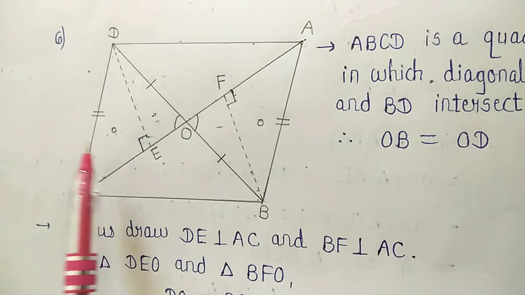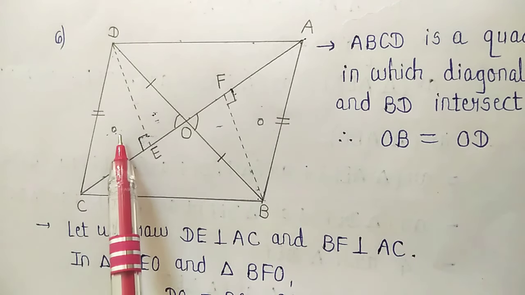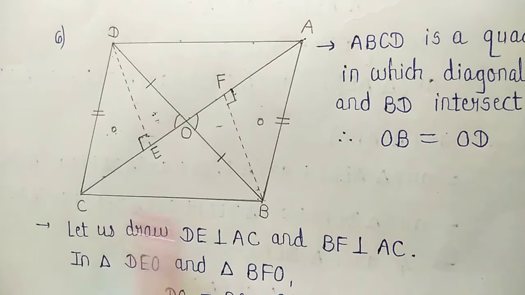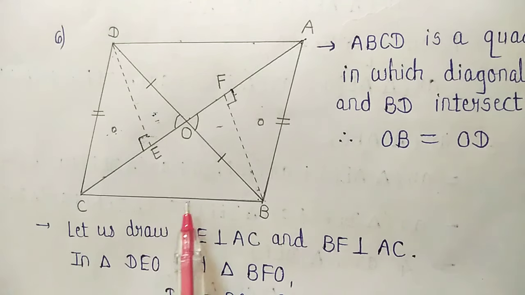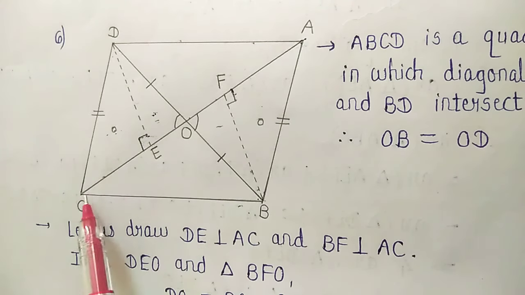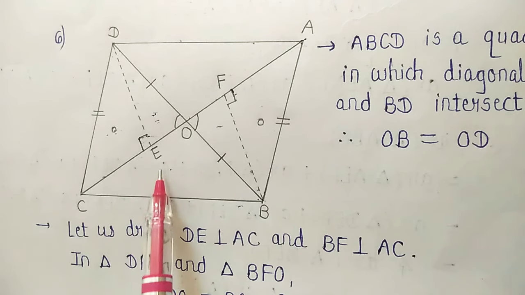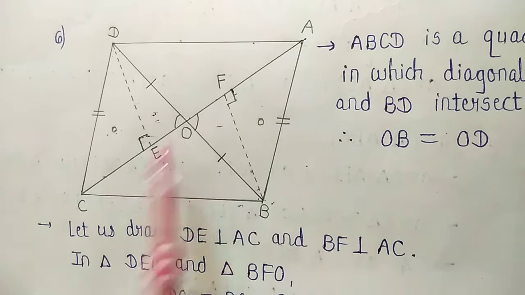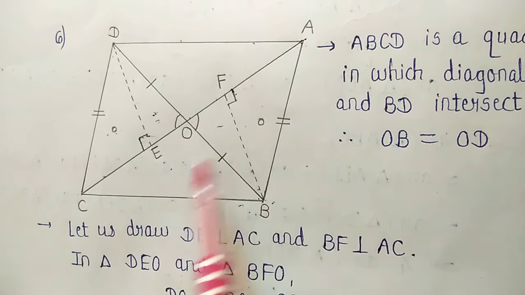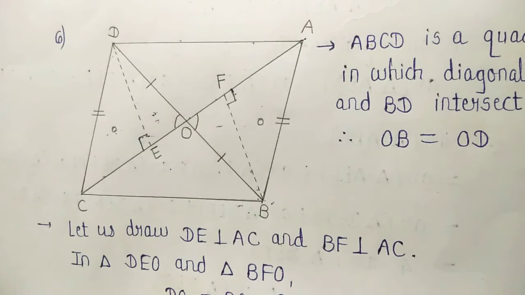Now, look at this triangle DOC. When will we get triangle DCB? If we add triangle BOC to this triangle, then we'll get triangle DCB, right? Similarly here, if we add triangle BOC to this triangle, then we get the whole triangle ACB. So easy. So what do we do now?